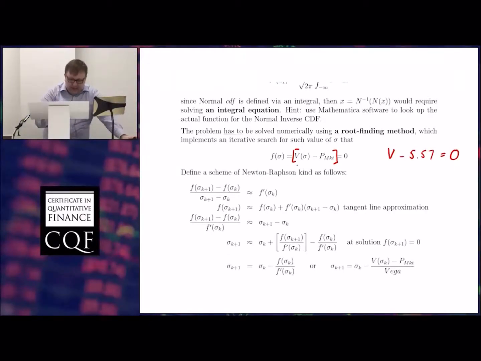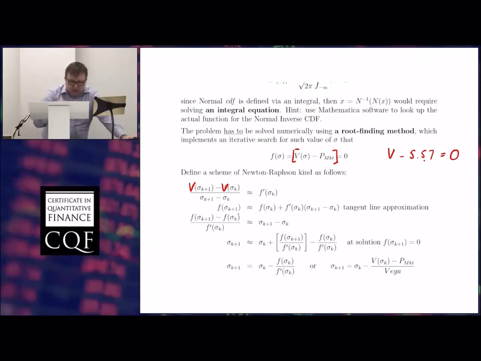Now, the f is really V, because the derivative of the 557 number will be equal to 0. So this is a simple derivative, discretized, right? Option value with volatility at k plus 1 minus at k, divided by the change in variable itself.